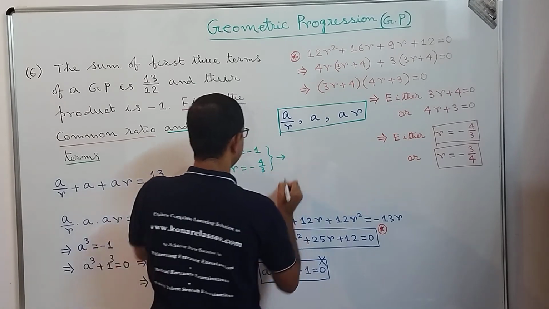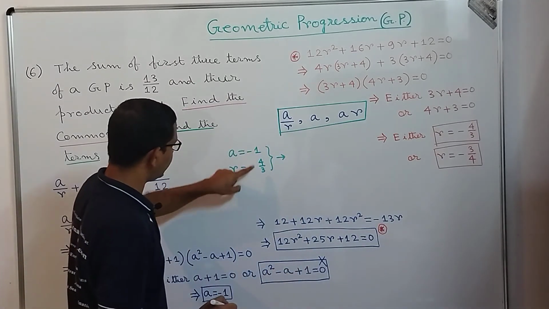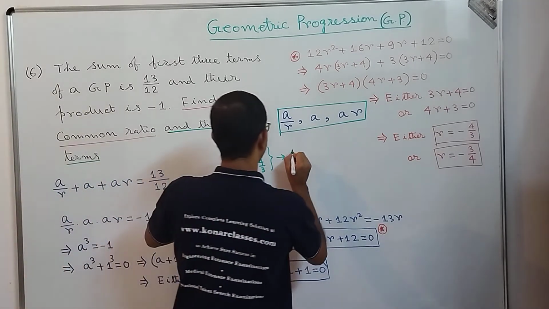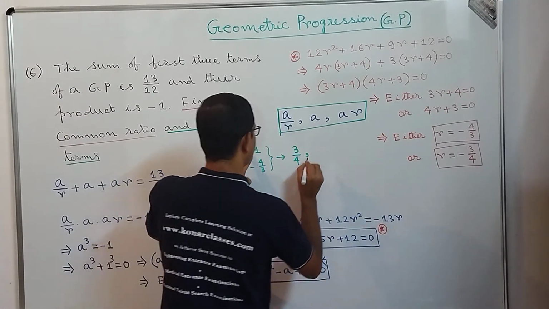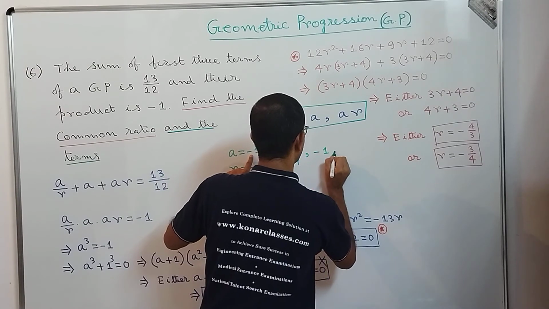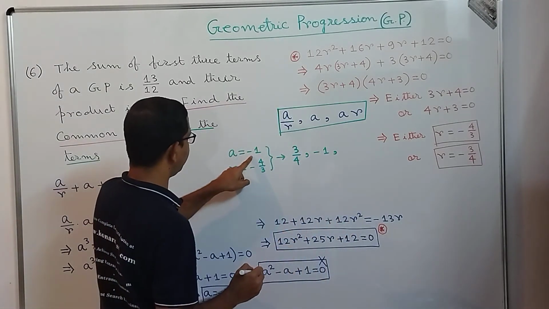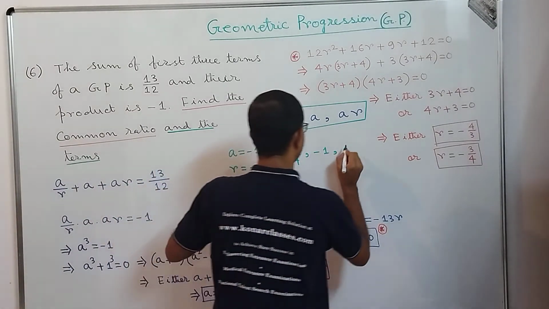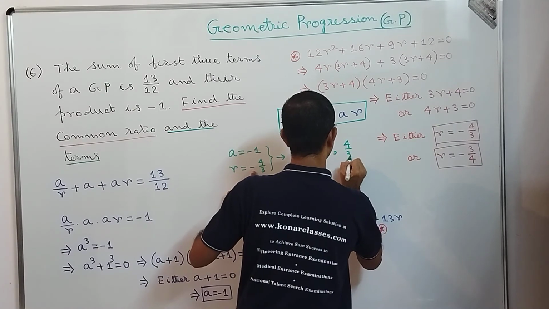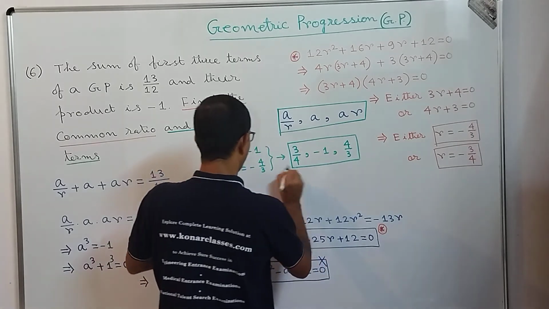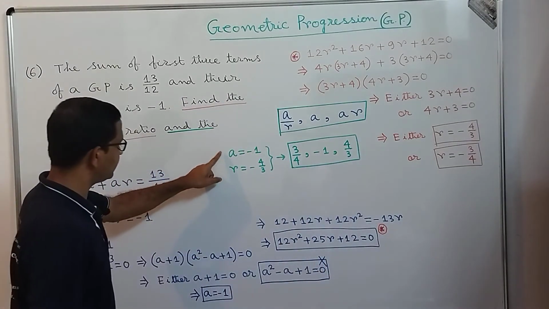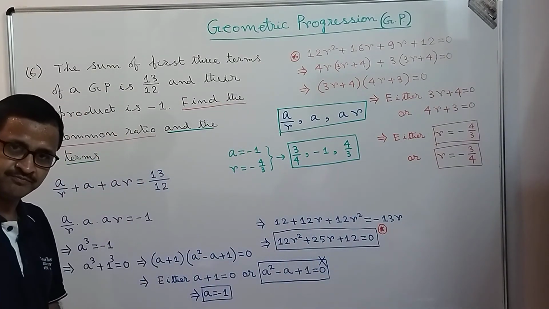a by r means minus 1 by minus 4 by 3, that means 3 by 4. Comma a is minus 1. Comma a into r, that means minus 1 into minus 4 by 3, that is 4 by 3. So these are the terms when we consider a equal to minus 1 and r equal to minus 4 by 3.